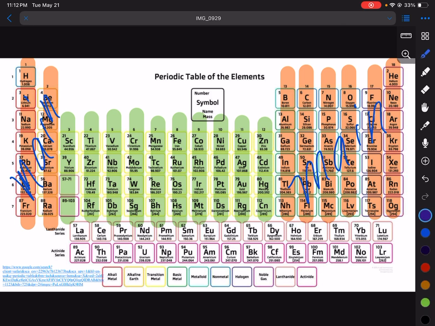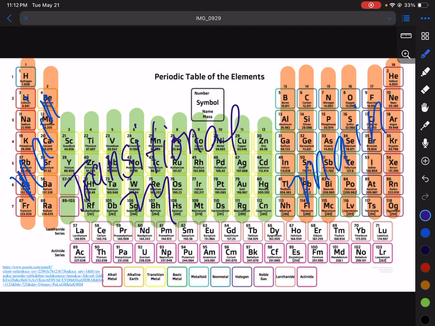Group B are where the transitional metals are located. So the transitional metals, they are located in group B.